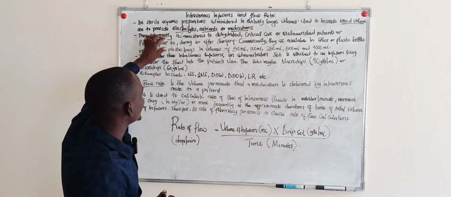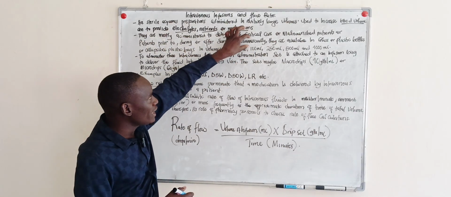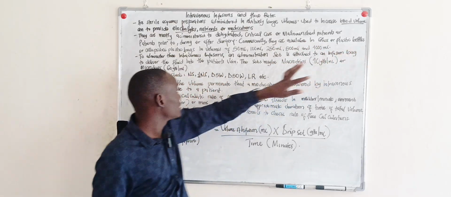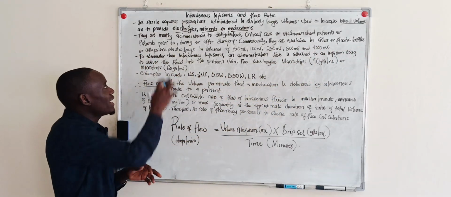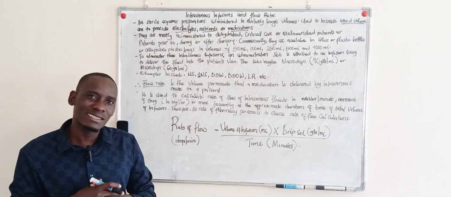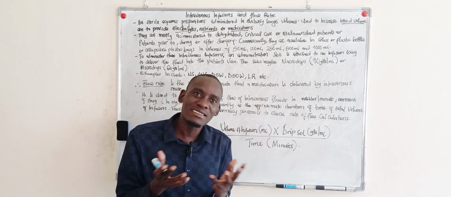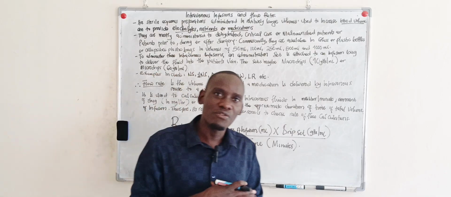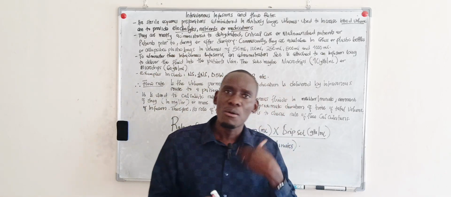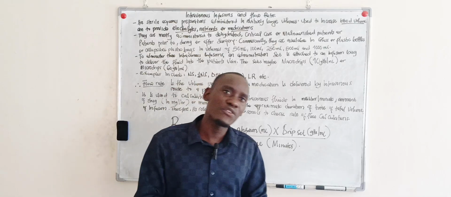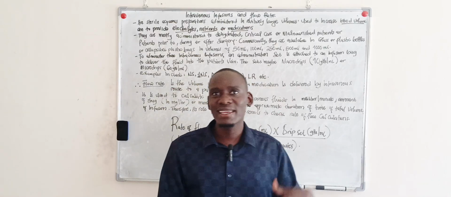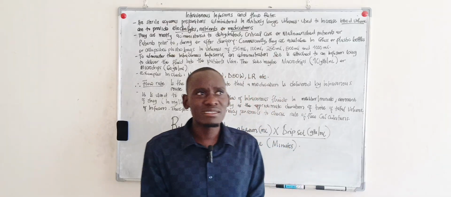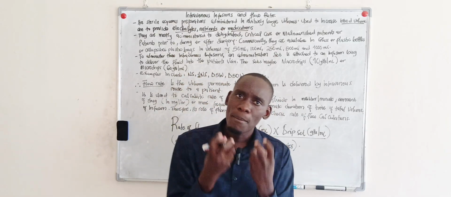And these are commercially available in glass or plastic bottles. Sometimes they are in collapsible plastic bags. We have seen bottles of normal saline, bottles of dextrose 50%, bottles of paracetamol infusion. Sometimes they're in glass bottles, sometimes in plastic bottles, sometimes in collapsible bottles.